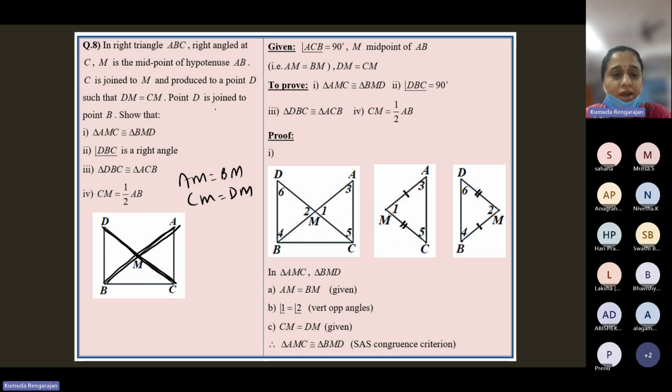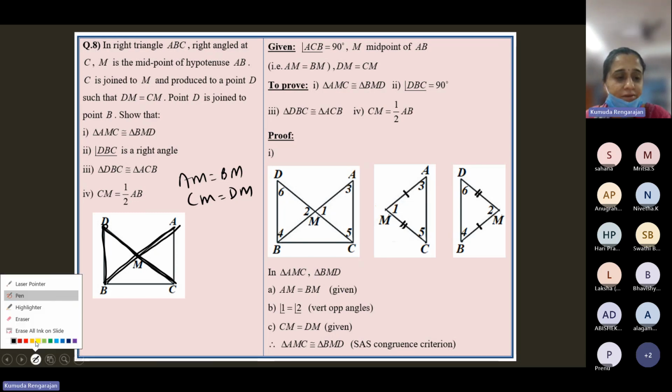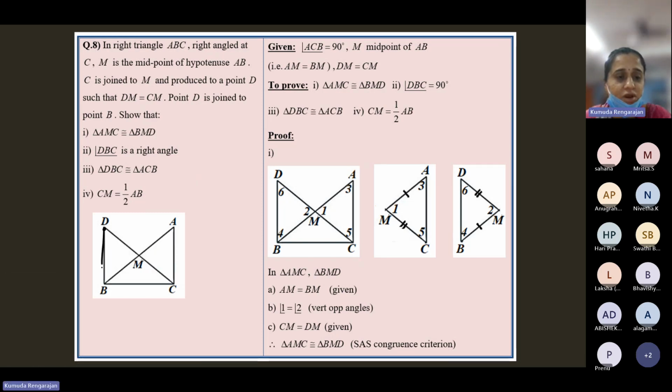Now point D is joined to B. Show that, this is the first one, triangle AMC is congruent to triangle BMD. These two triangles are congruent to each other.